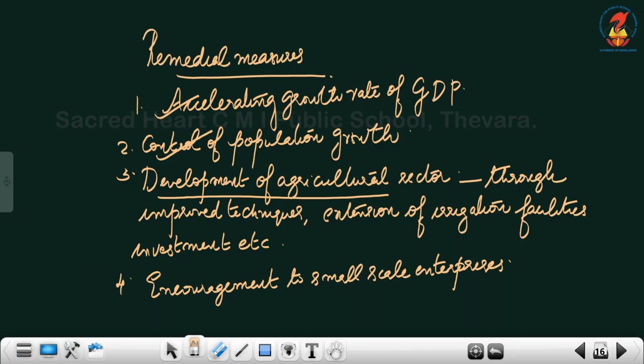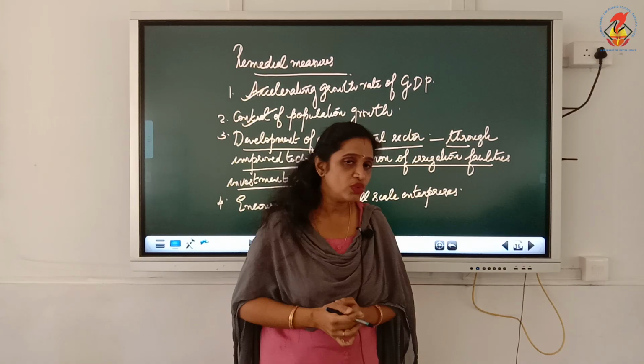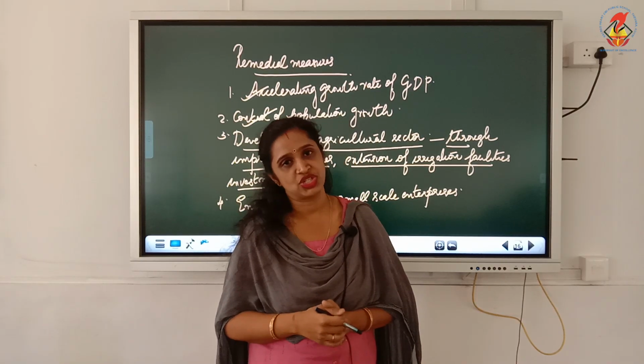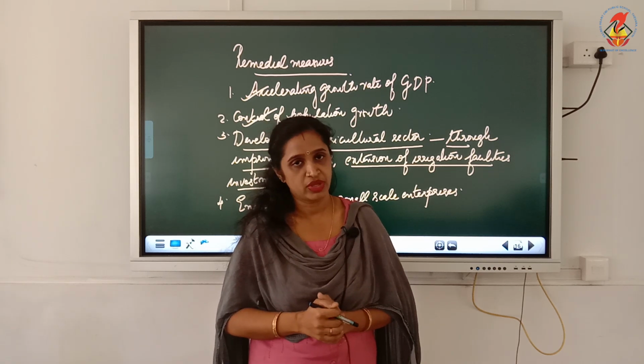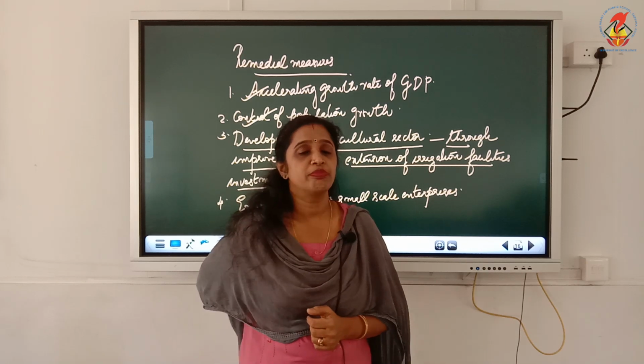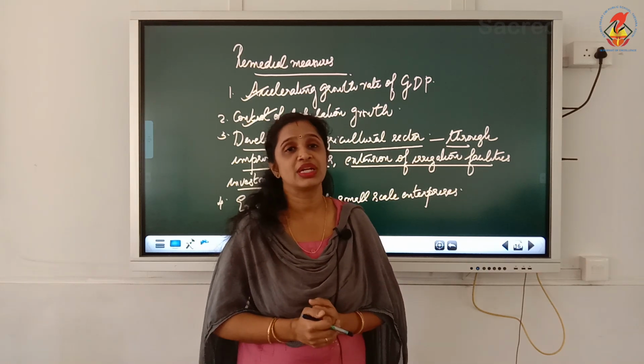Point number 3 is development of agricultural sector through improved techniques, extension of irrigation facilities, investment, etc. You know that the majority of the people in the rural areas depend on agriculture to earn their living. So, if the agricultural sector is not improved, people will remain unemployed. How can we improve the agricultural sector?